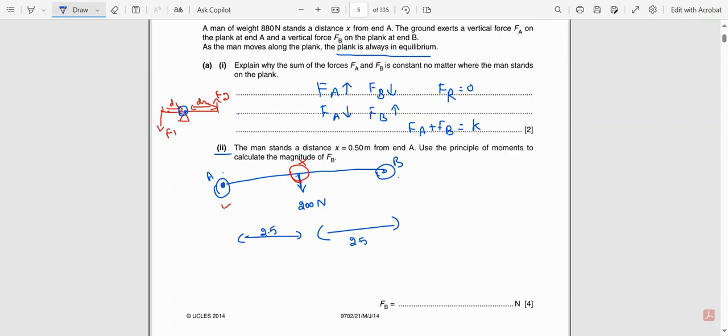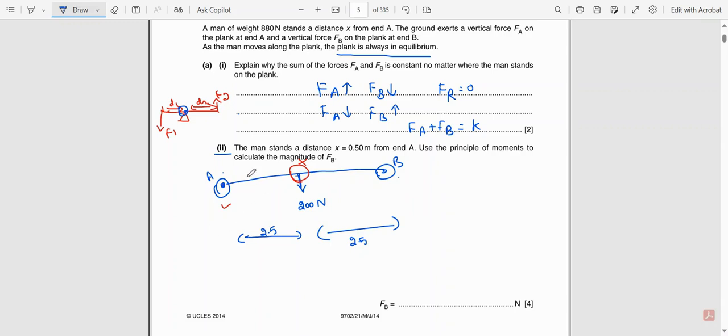If the principle of moments is applied at the center, the overall plank will not be in equilibrium. So both ends should be in equilibrium, which means the principle of moments should be applied at A and B.